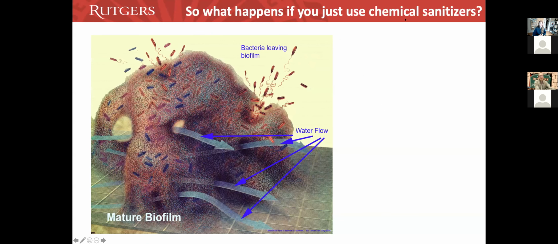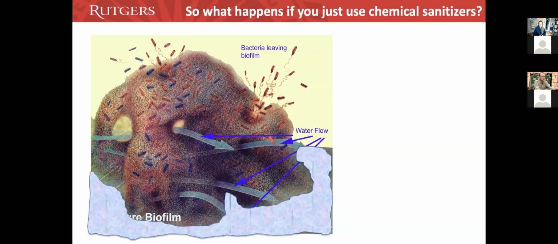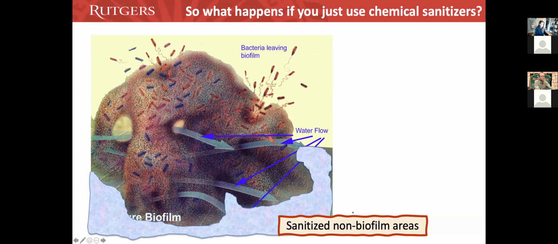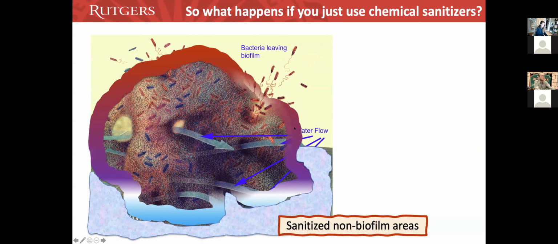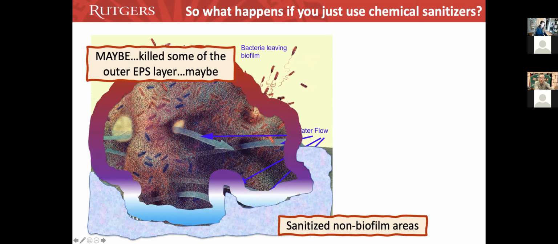So the idea being is that if you just go in with sanitizing material and you haven't properly cleaned the surfaces, you are going to have a sanitary surface, but the biofilm itself, if you're lucky, you're going to kill the very outermost layer of cells on that biofilm, in which case you still have this huge pool of potential foodborne bacteria or viruses.